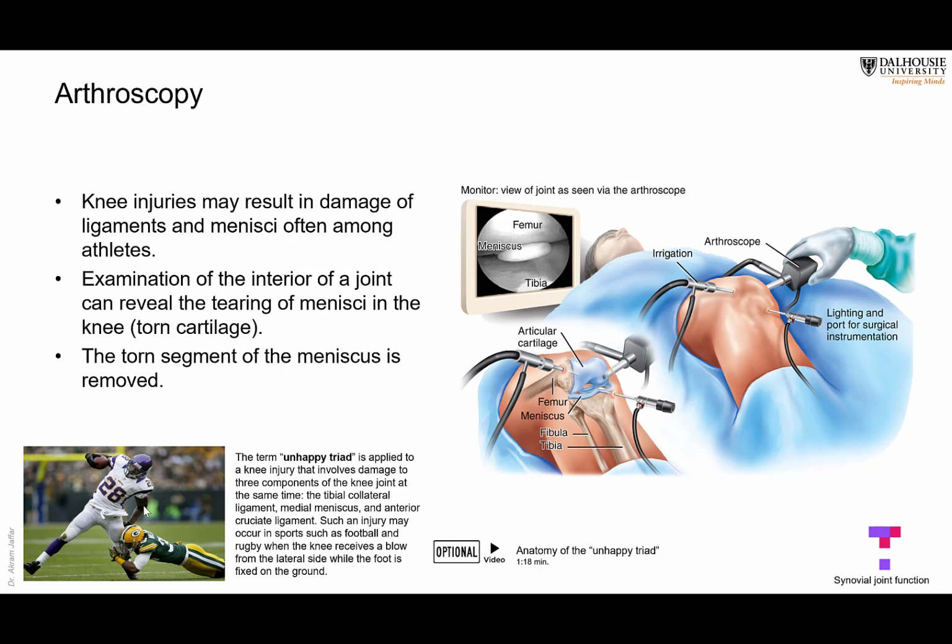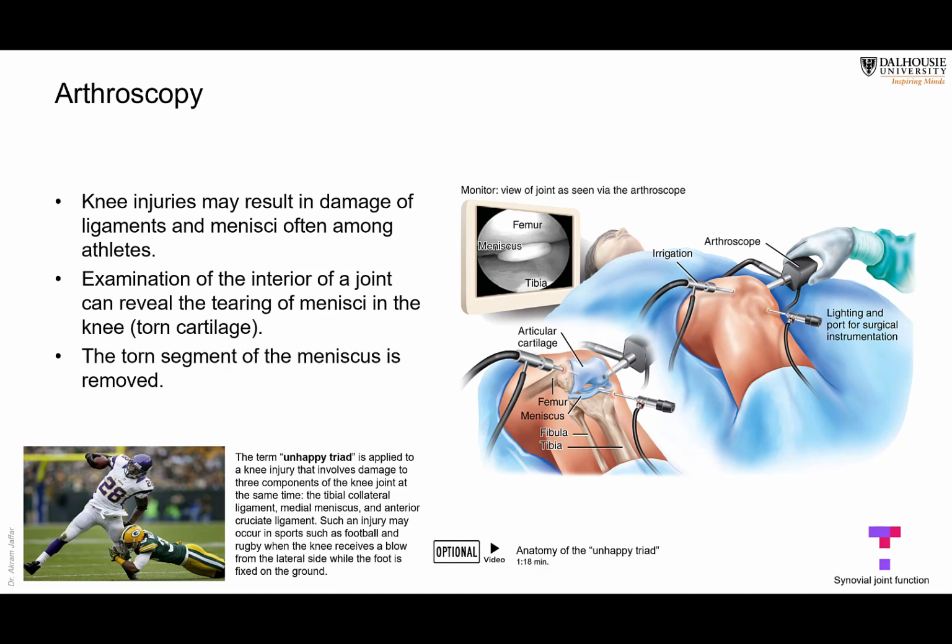In order to diagnose this, they can do an arthroscopy. They pass a scope inside the joint, as you can see it here, and they can remove the torn meniscus or the torn part of the meniscus. Otherwise, this torn part will lock the joint at times or make the joint unstable because it's floating in fluid.